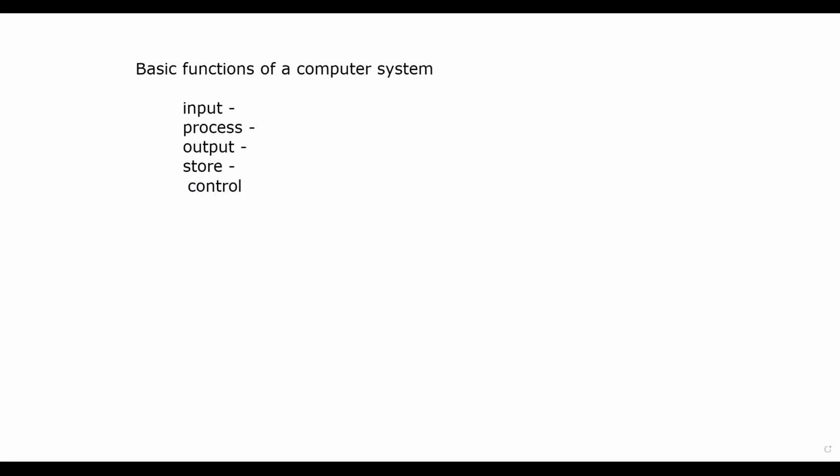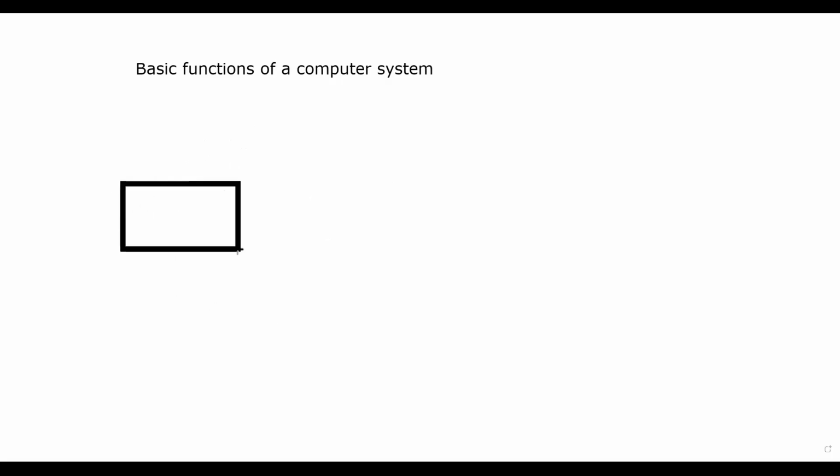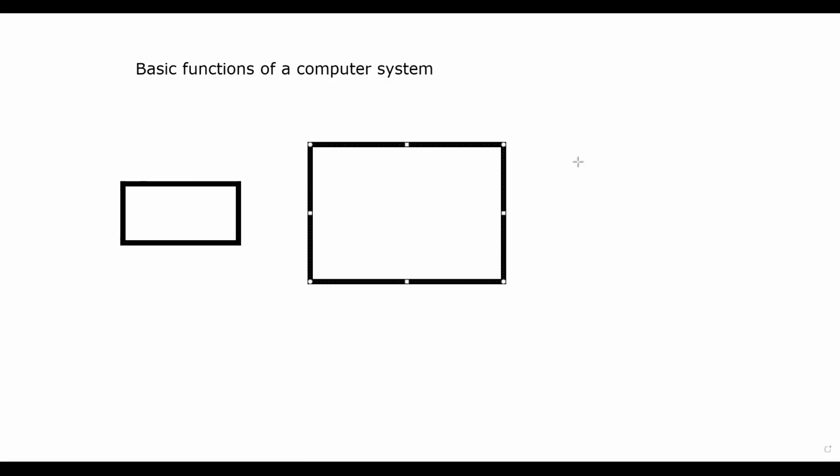Right, now when you look at this input, process and output, we can do a couple of things. For example, let me remove this, and then let's draw the input. We have input, and then we have process, and then we have output, right?